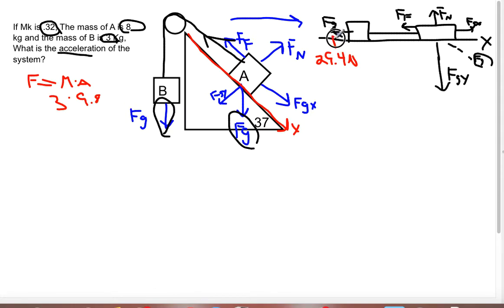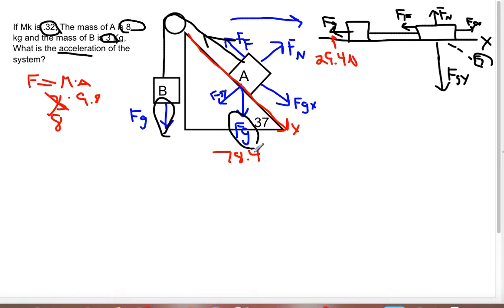So I found my first force. My next one is going to be the same thing, except I'm going to plug in the 8 kilograms of A and take 8 times 9.8, and I'll find out that my F of G is 98.4.